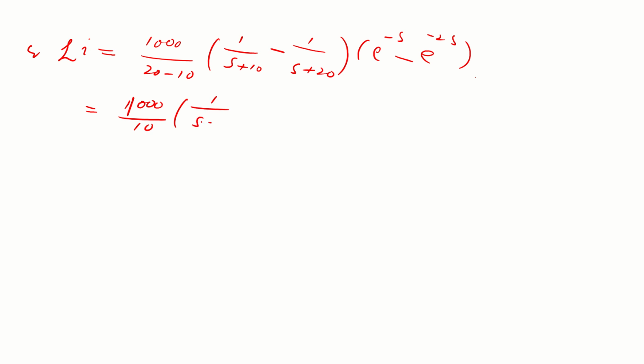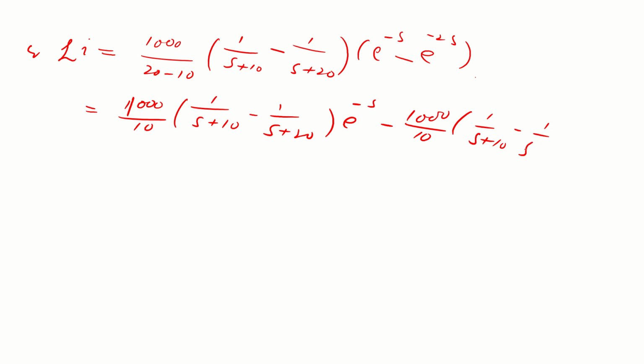into (1 by s plus 10 minus 1 by s plus 20) e power minus s, minus again 1000 by 10 into (1 by s plus 10 minus 1 by s plus 20) e power minus 2s. Now they can be cancelled.